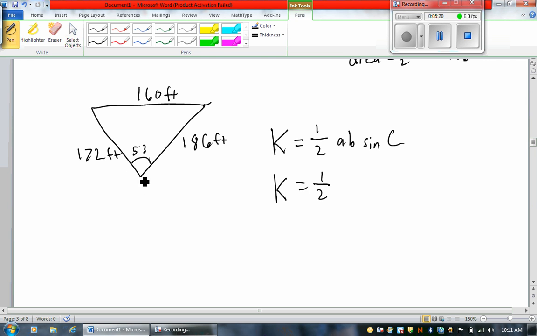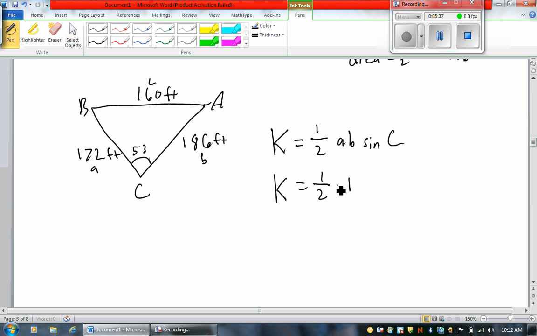Here's our angle. We need our two sides with the angle. So we're going to call this angle C. This is side c. It doesn't matter which one we call these. I'll call this angle A and this angle B. So this is our side a and this is our side b.